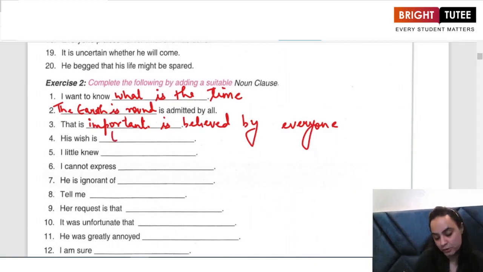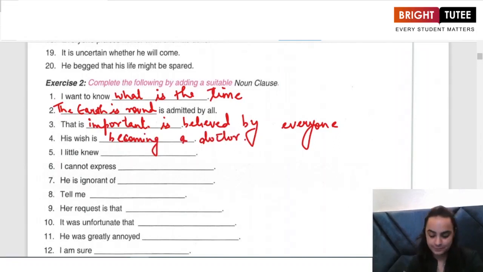His wish is, what is his wish? His wish is to fly, or his wish is becoming a doctor. So what is his wish? Becoming a doctor. I little knew what?